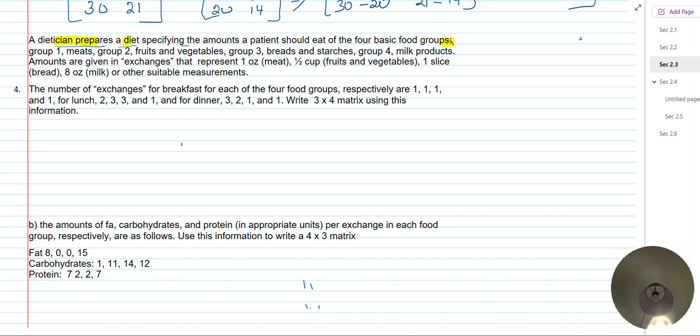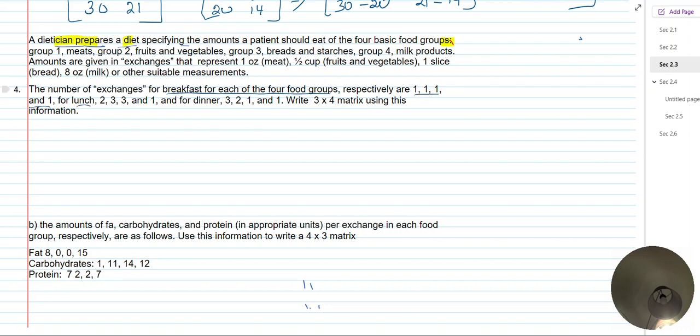All right. So what we have here are the following. Remember what we have, our groups. So our groupings, which are our headers, the number of exchanges for breakfast for each of the 4 groups is represented by that.